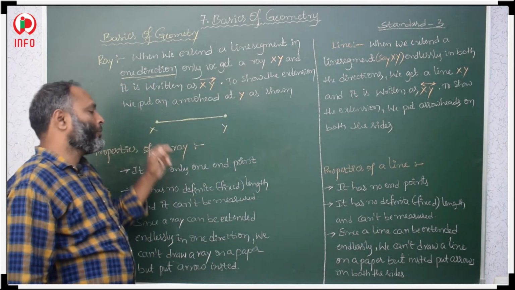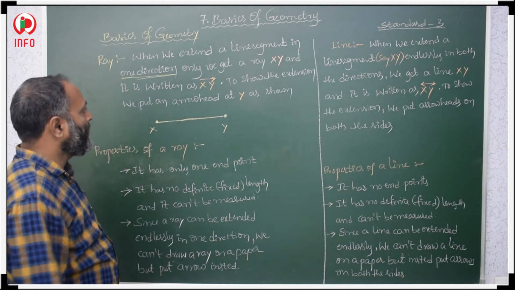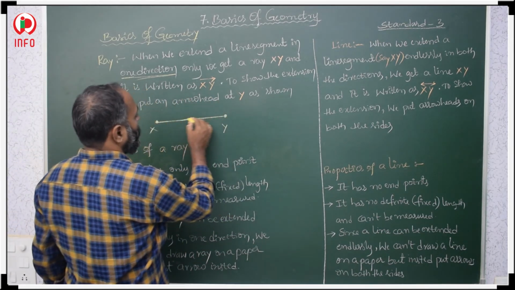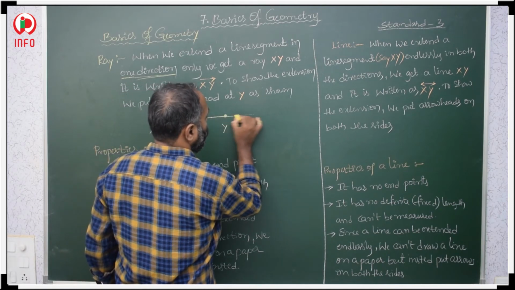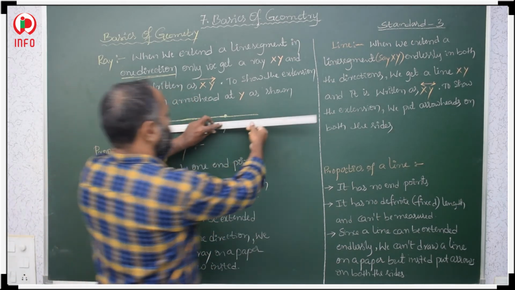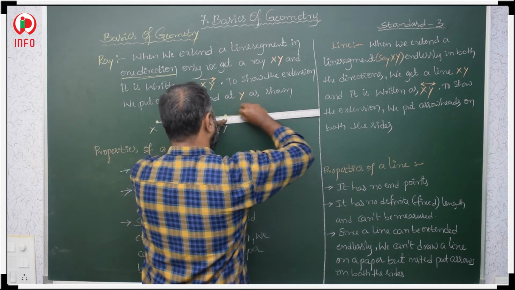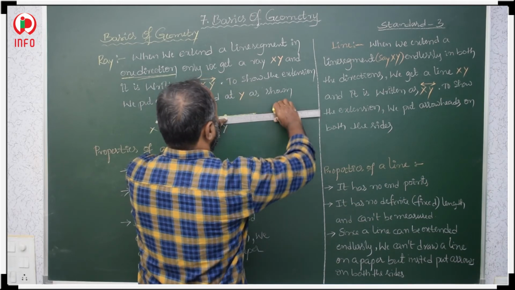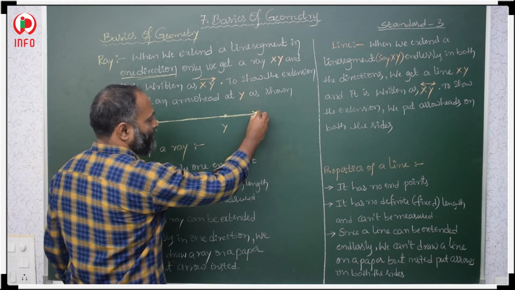After joining two points, we form a line segment. So then after that, we extend this line segment in one direction. In any one direction, like this, keep a ruler and extend it. Okay, in one direction. From X we extend in the Y direction. Okay, and keep an arrow here like this.